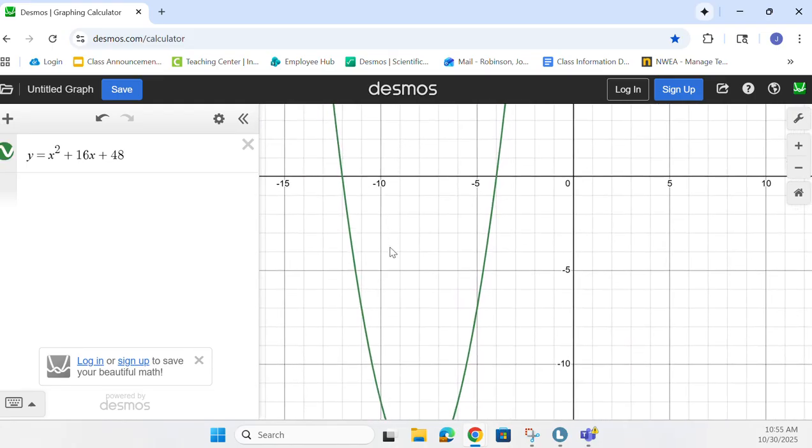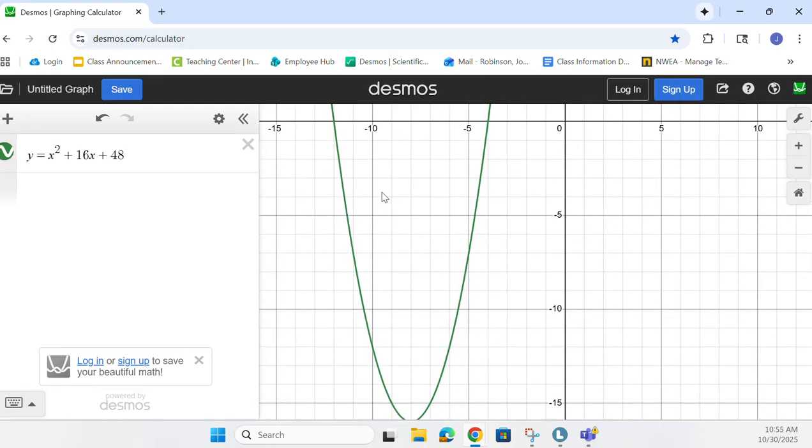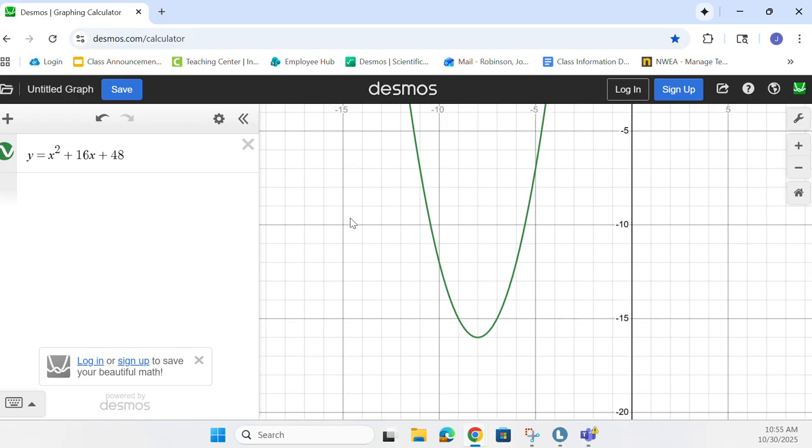I got a question. What's the question? Oh, let me say this before you say that. Here's what I found is an issue. Some people on the quiz, when they get ready to look for the zeros, because the graph is so zoomed in, they're not noticing that this line right here is not the x-axis. And so they want to pick points like here, and then points like right there.